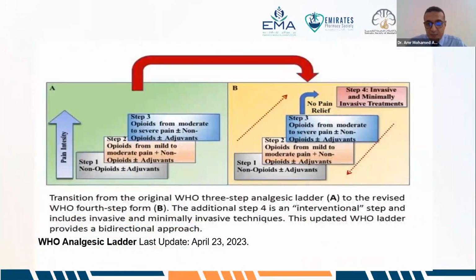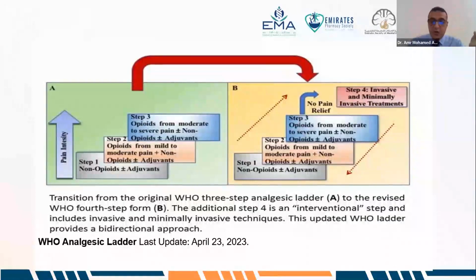As Dr. Ghattas mentioned before about the analgesic ladder, it used to be 3 steps, but was lastly updated in April to add 4 steps, which include invasive and minimally invasive treatment. According to the pain intensity, we start in step 1 with non-opioid plus or minus adjuvants.